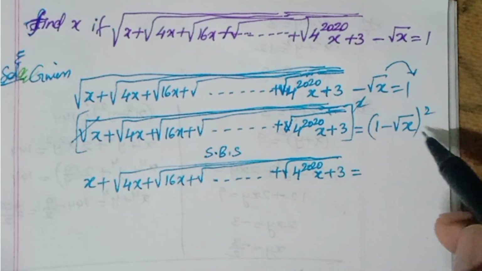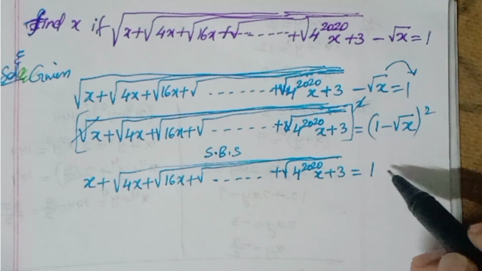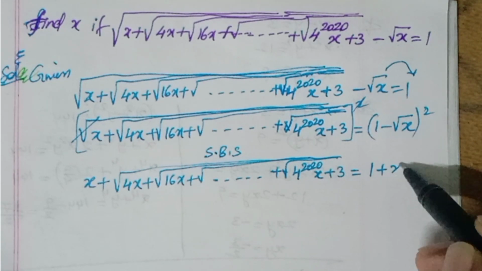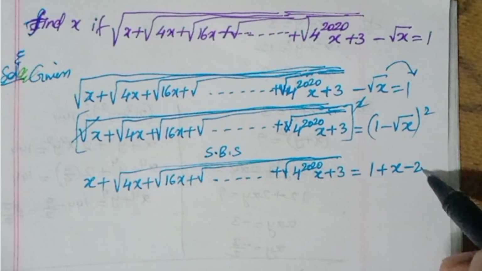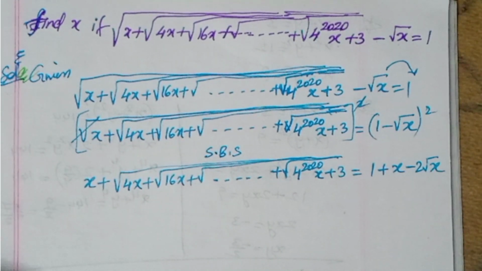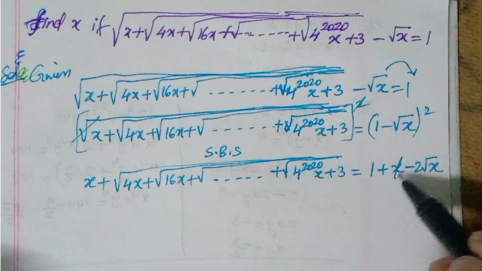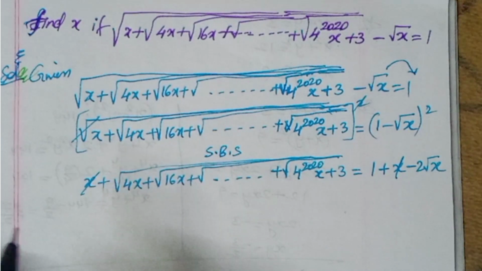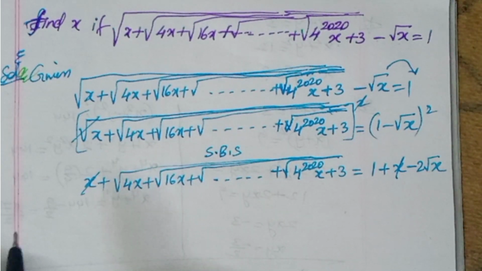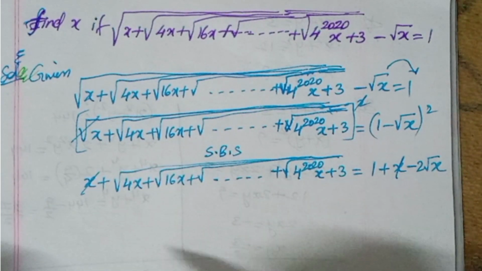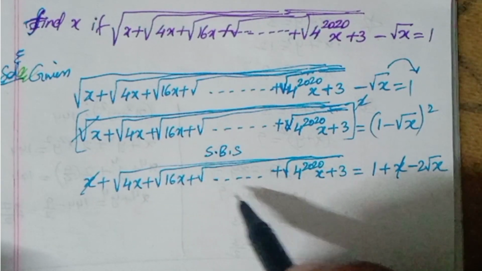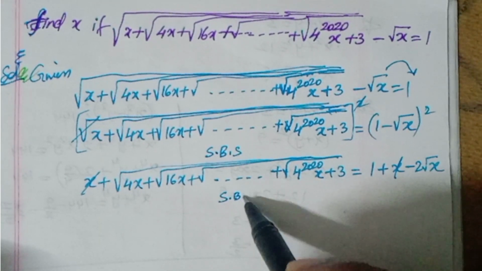is equal to, here using the formula a minus b whole square equals a square plus b square minus 2ab. So here you can cancel x, both sides have the same value. Now again squaring on both sides.